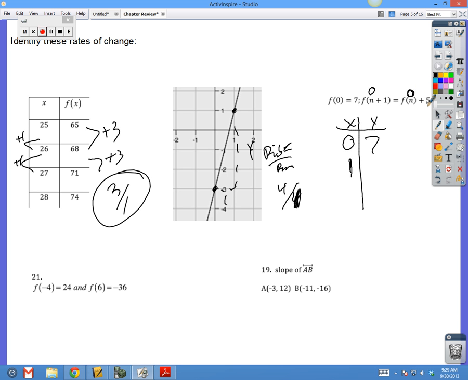So what's going to go next? 7, take that answer, plus 5. What's 7 plus 5? 12. So it's growing. If I want to get the answer at 2, I look at the answer plus 5. So 5 is your rate of change.